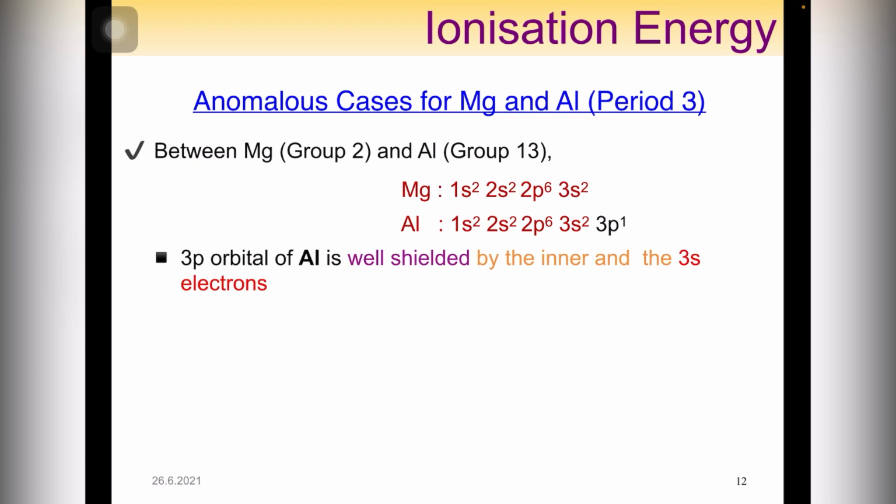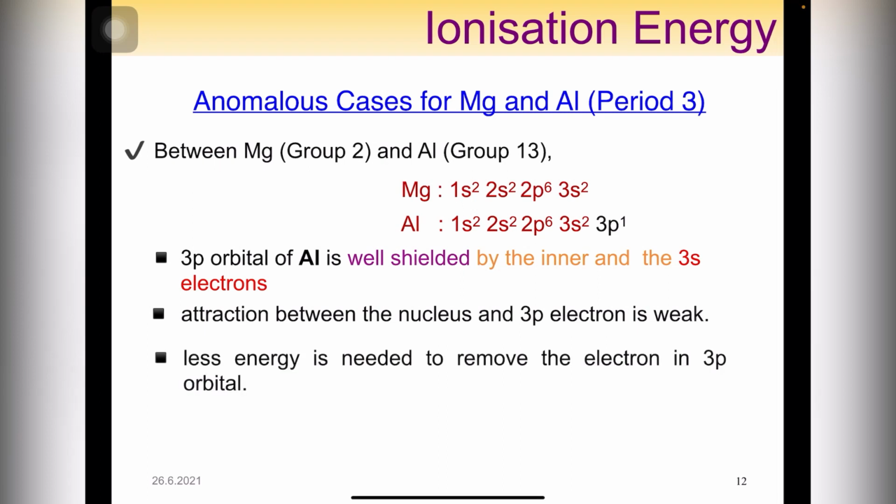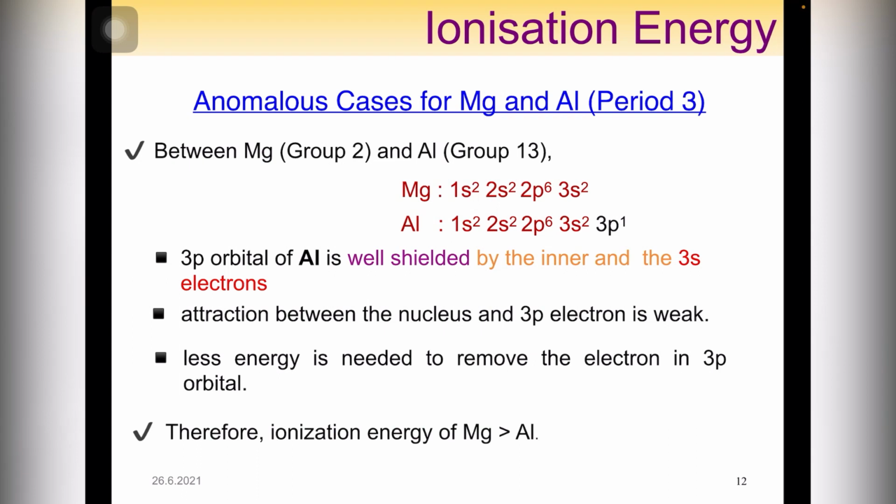You can see that for aluminium, the outer electron or valence electron is well shielded from the nucleus by the inner electrons in the inner shell. So the attraction between the nucleus and the outer electron becomes weaker. That's why it just needs less energy to remove the outer electron. That's why the ionization energy for magnesium is higher compared to aluminium.